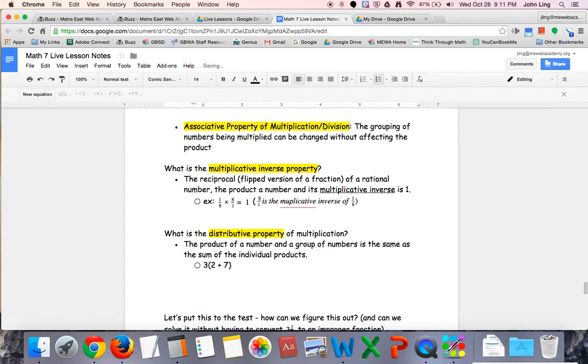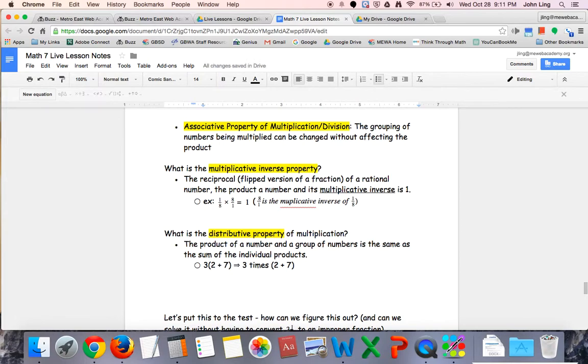Okay? 3 times 2 plus 7. And anytime you see a number right up against a parentheses, that means multiplied by. I'll just write that it is the same thing as 3 times the quantity 2 plus 7, just to make sure you remember that. Some people forget that little fact right there.